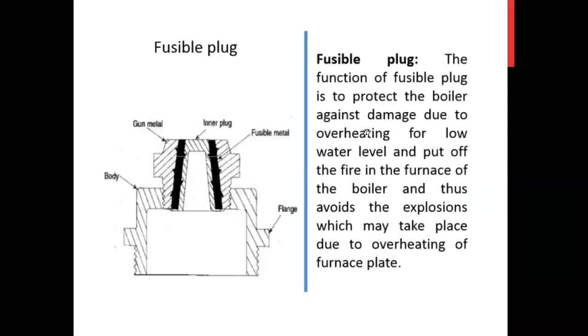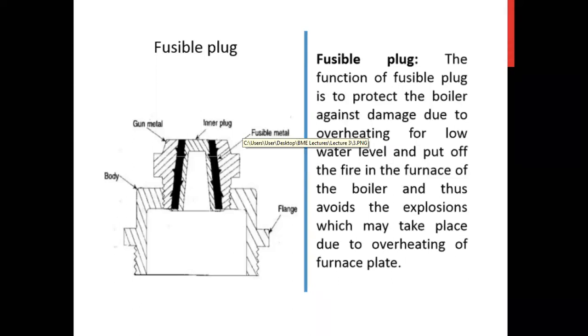The next thing is the fusible plug. It is also a very interesting thing. Suppose the amount of heat is so much, and there is also a low water level sometimes. At that time these fusible plugs sense the temperature, because when the amount of heat is so much inside the boiler, this overheating can damage the boiler.